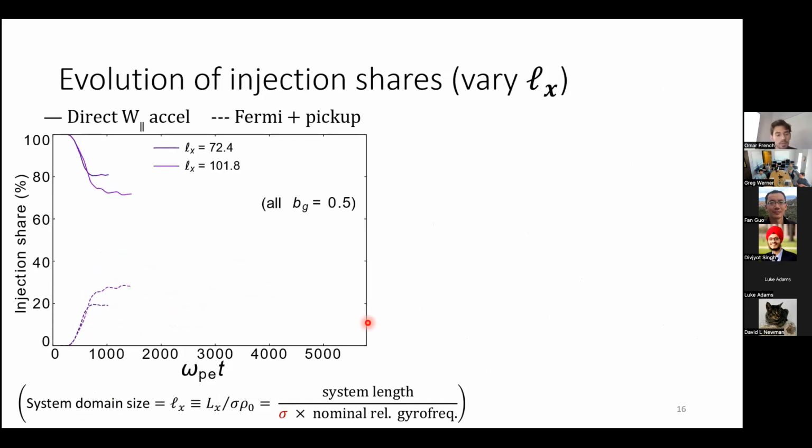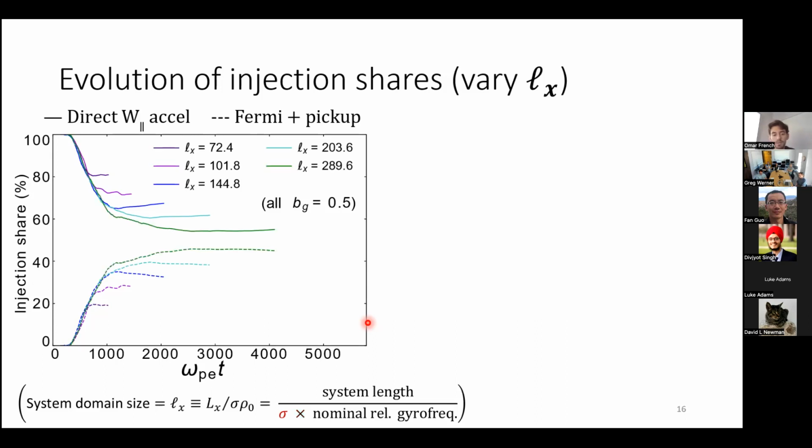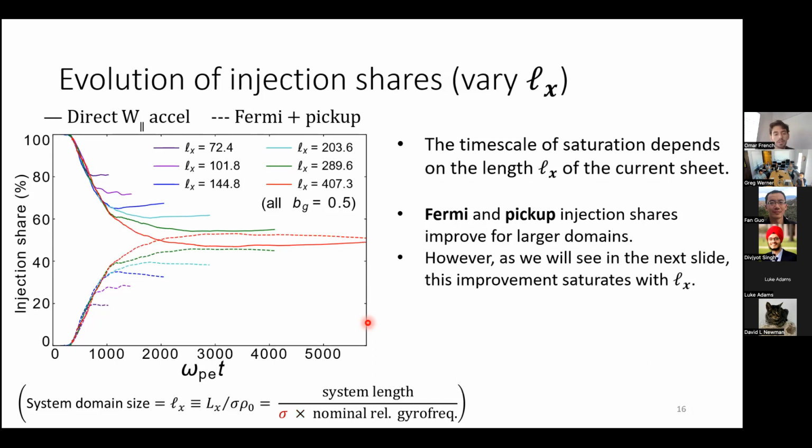But if you continue increasing the domain size, the saturation of W parallel injection versus Fermi plus pickup is delayed, and the Fermi plus pickup shares improve. For the largest domain we test, Fermi and pickup are actually dominant, just barely dominant at the end.